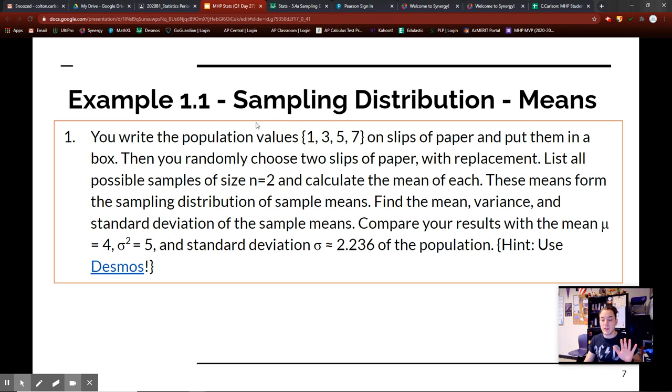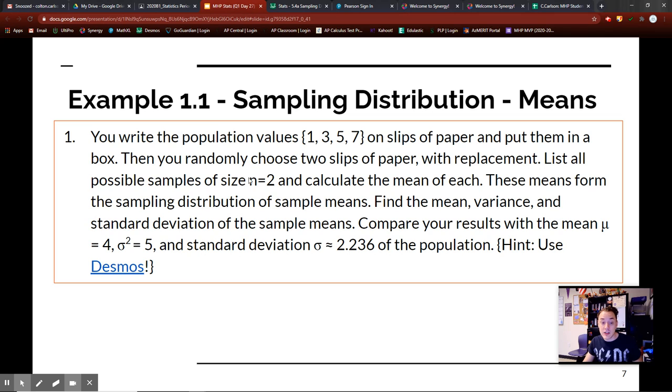Let's just say there are 4 values for the population on slips of paper and put them in a box. You randomly choose 2 slips of paper with replacement. So you take 2, great, you put them back, take 2, great, put them back. List all the possible samples of size n equals 2.